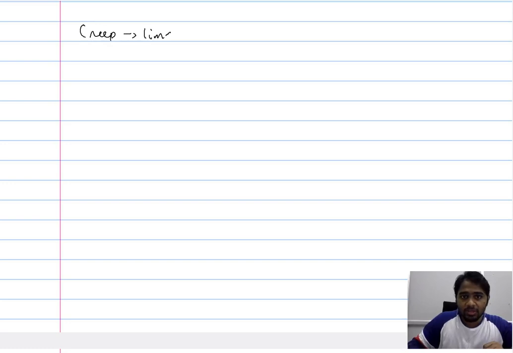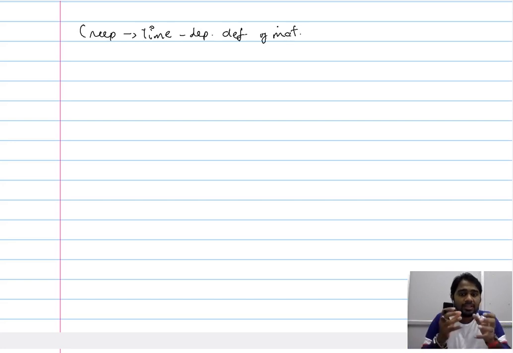And this time dependent deformation of the material that occurs at high temperature is what we refer to as creep. So creep is not simply the high temperature deformation of the material, but a time dependent deformation of the material. Now the reason creep is associated with high temperature is because this time dependent deformation is not that dominant at ambient temperature.